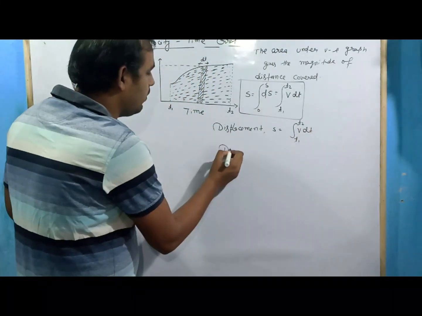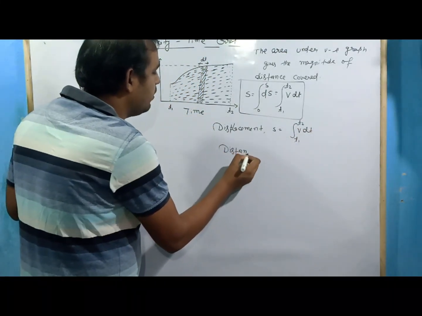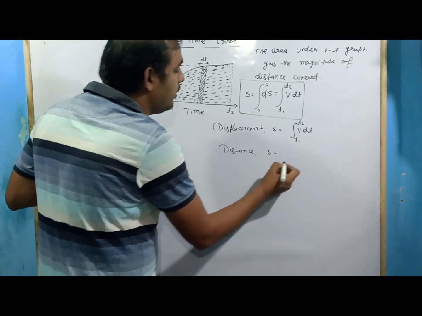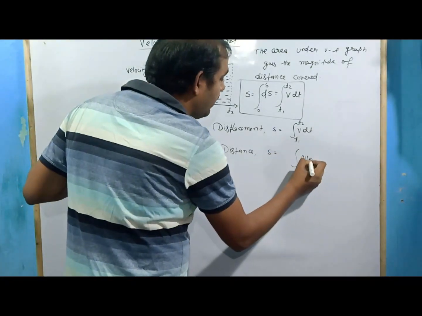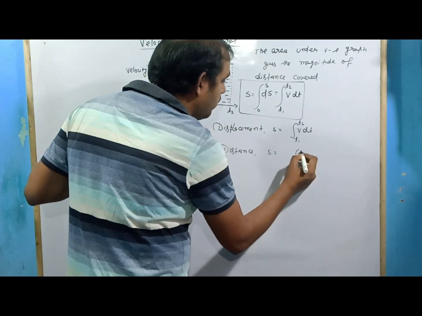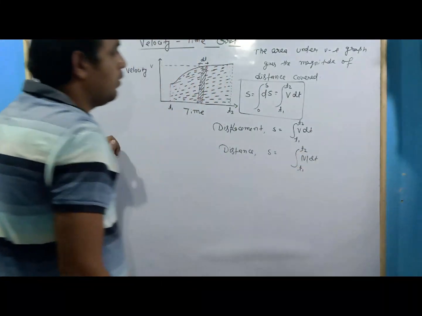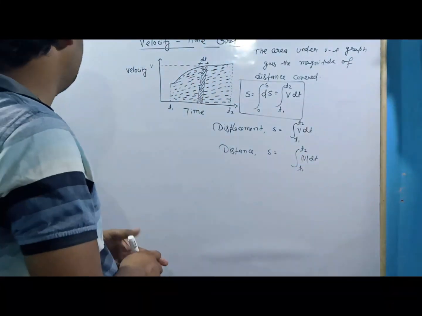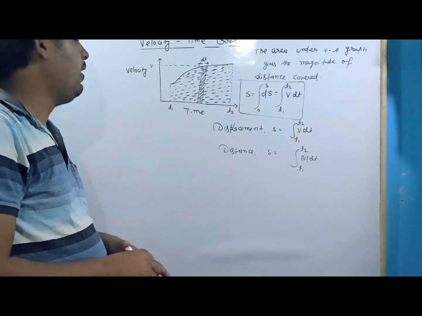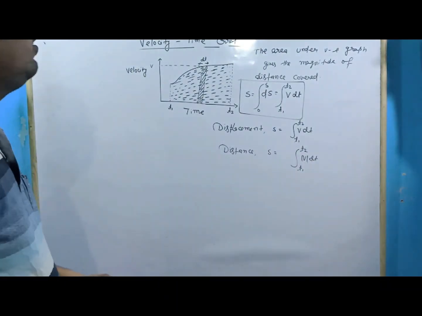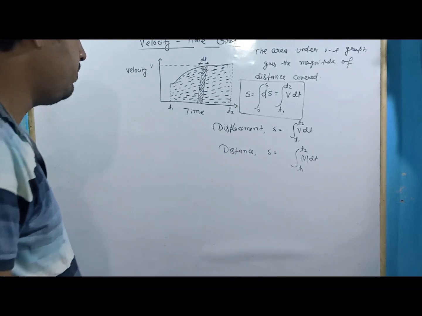And if I have to count the distance covered, distance s can be written as integration of mod of v dt from time limit t1 to t2. Okay, so that can be done to find the displacement and distance from the VT graph. Alright?